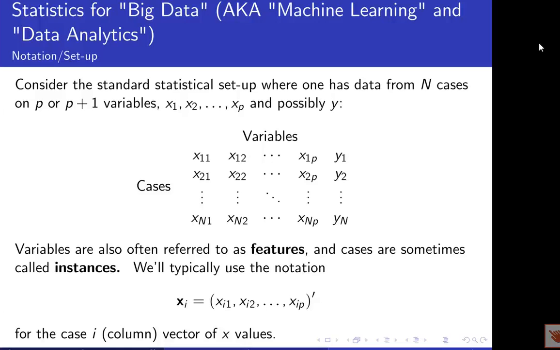The place that statisticians always pretty much begin is with a rectangular array of data. Data made up of cases and data having values of variables. Typically, those variables are referred to as features in this realm. Sometimes the cases are referred to as instances.